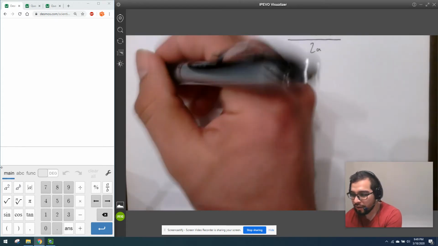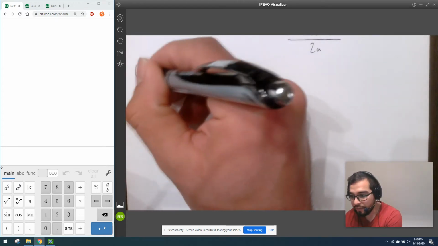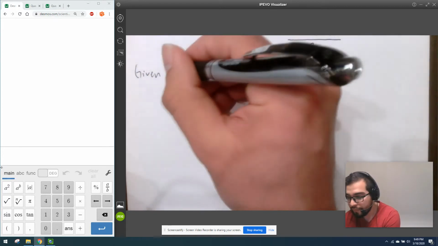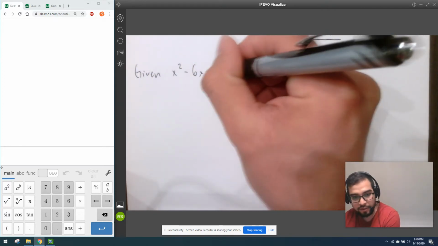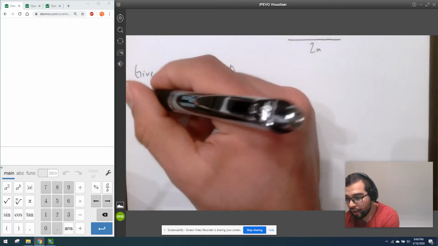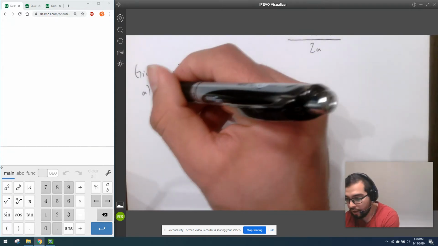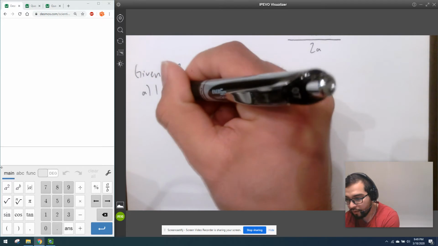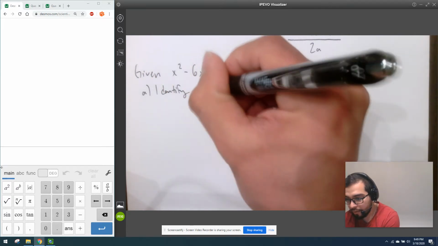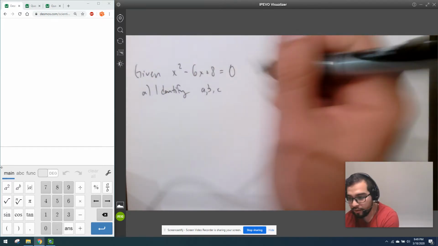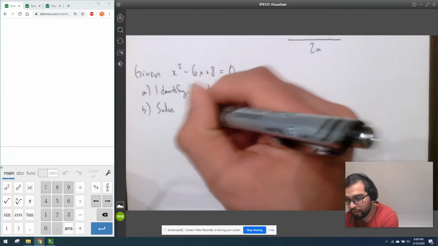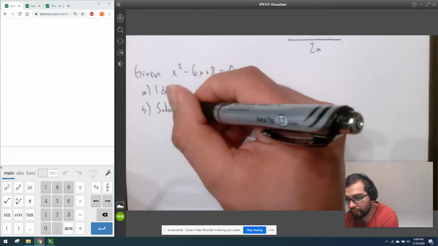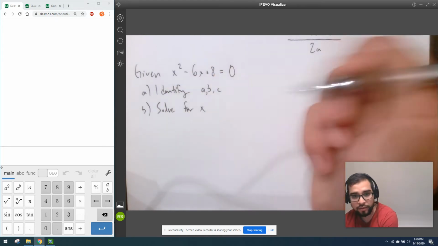But let's go ahead and take a look at the following. Given the following quadratic, x squared minus 6x plus 8 is equal to 0, I want to do two things. I want to identify a, b, and c, and I also want to solve for the values of x.